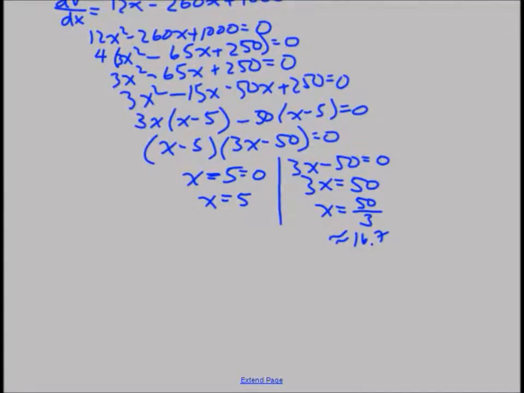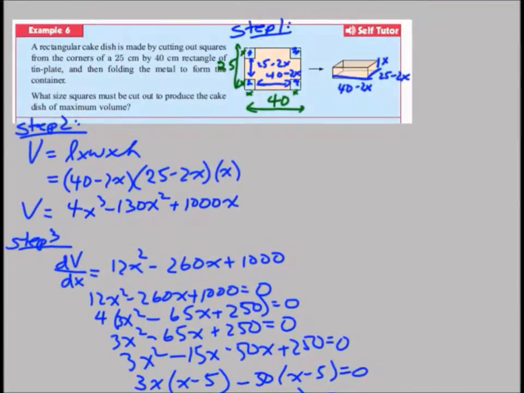Okay, since x is a measurement, it has to be bigger than 0. We need to determine what our interval is here. And I guess we should have done that up in this step. Our interval. So can x be any value whatsoever? Could it be infinity? Well, no, it couldn't, because we only have 25 units to take x away from here.